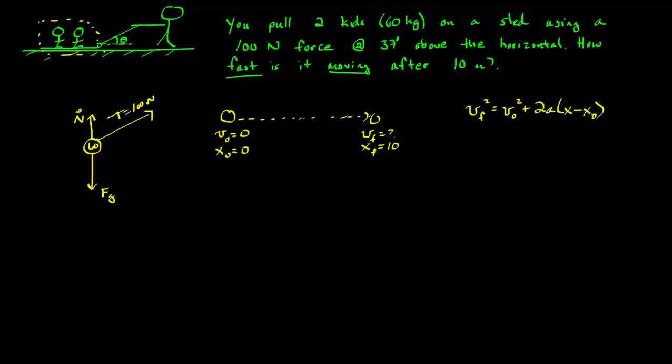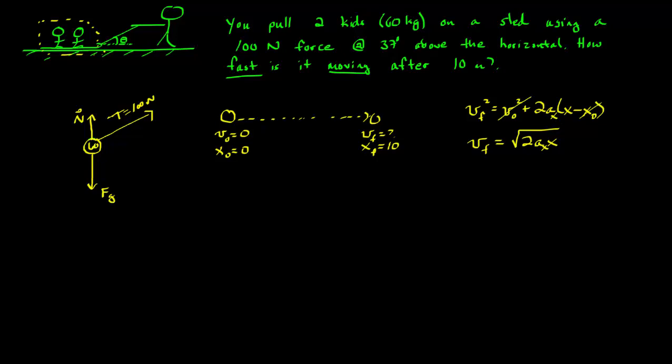And I made everything in the x because we're moving in the x. If this was in the y, I could do it in the y. So the initial velocity is 0, and the initial position is 0. So we get Vf is going to be the square root of 2ax. So we need to figure out what that acceleration is in the x direction.